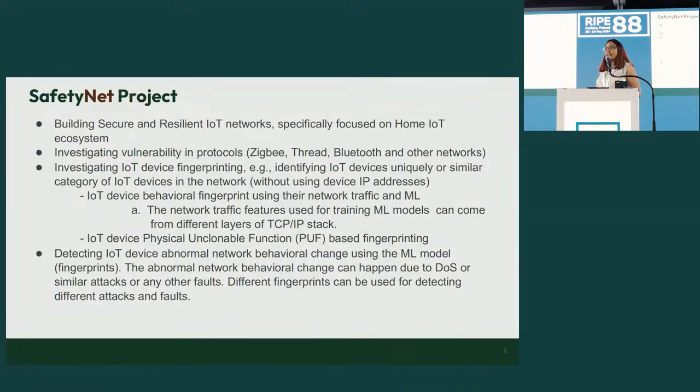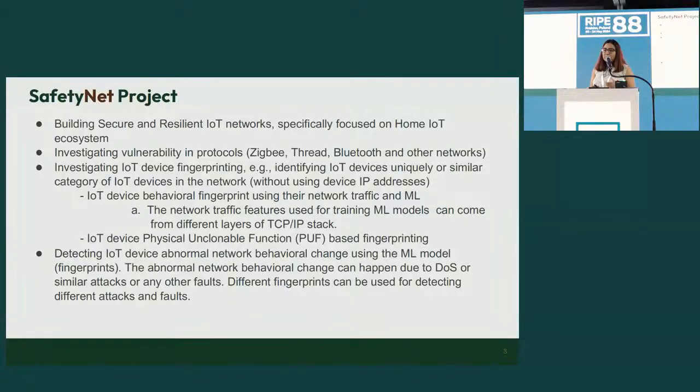The whole idea is how we can identify IoT devices based on the behavior of the devices in the network. When we talk about behavior, we look at different parameters in the whole networking stack. It starts from the physical layer, MAC layer, networking, application layer, and so on. Sometimes we join these parameters from different layers.